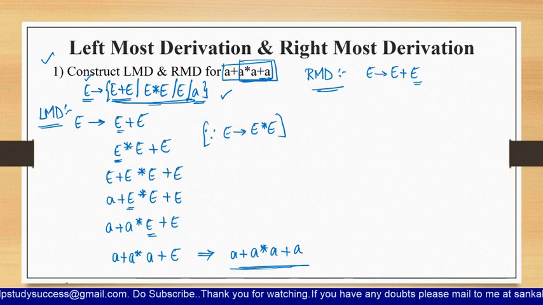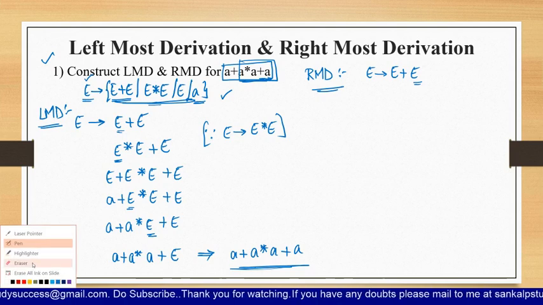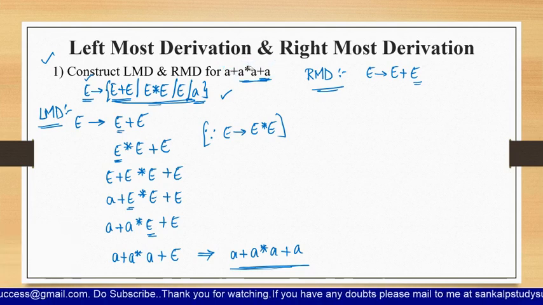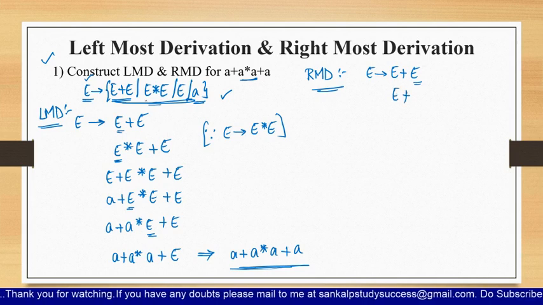So here, if you see the input string which we have, this input string is starting from A plus something, right? So we are already having E plus something. Here, if you see, it is A star A. That means in place of the right E, you can substitute E star E, right?